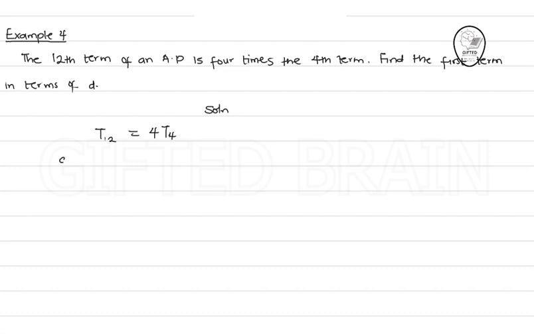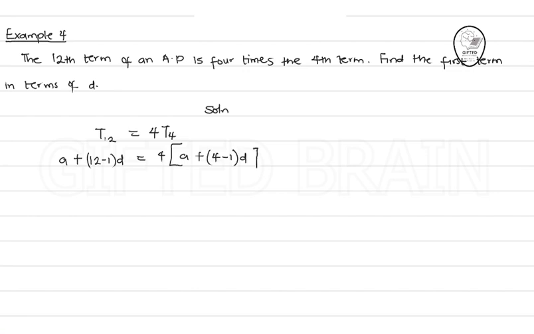T12 will be A plus (12 minus 1) D. It's equal to 4 times the 4th term, which is A plus (4 minus 1) D.